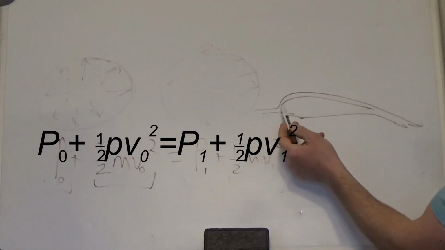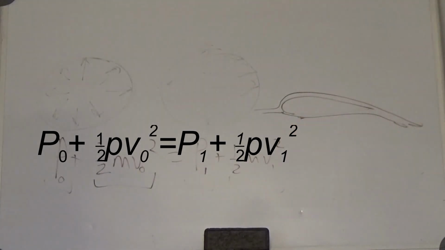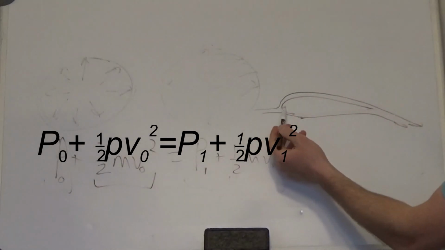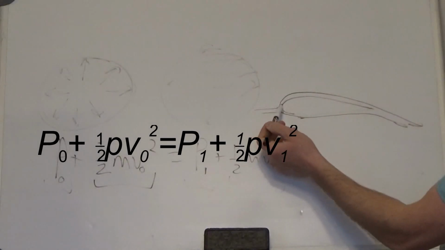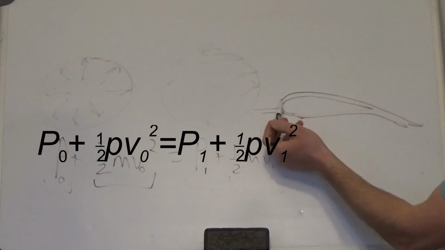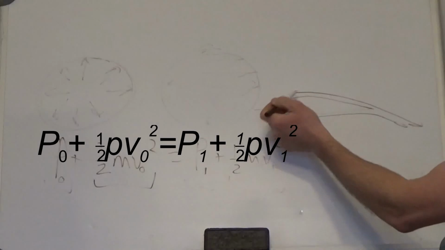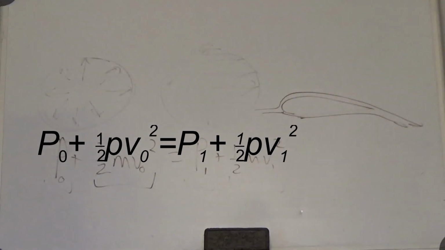So when the air goes above it, looking at the Bernoulli effect, as the air comes through to the wing, the air that gets directed above the wing starts going faster.